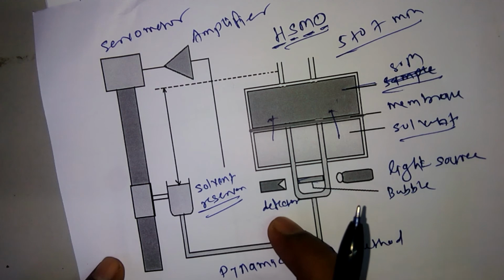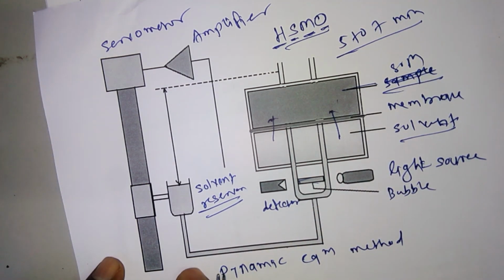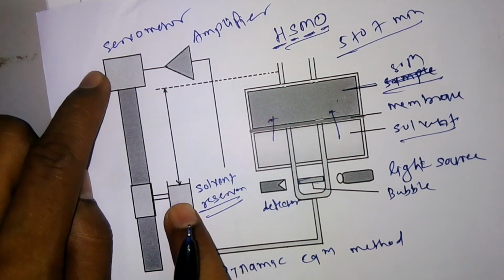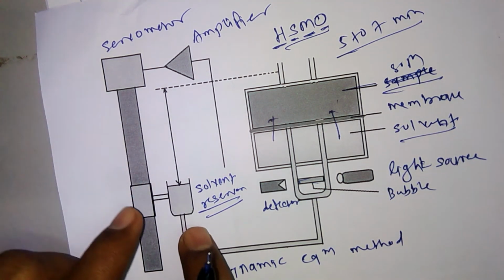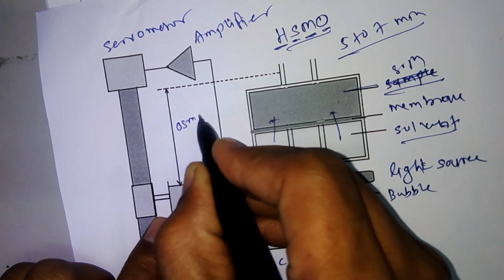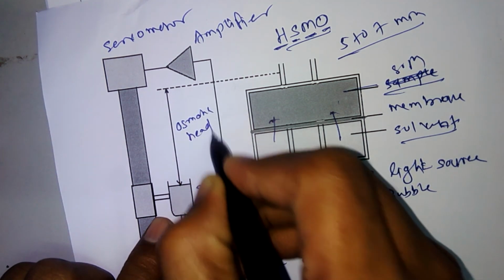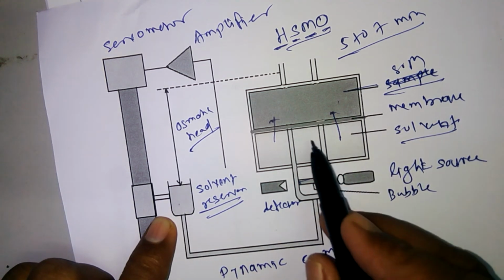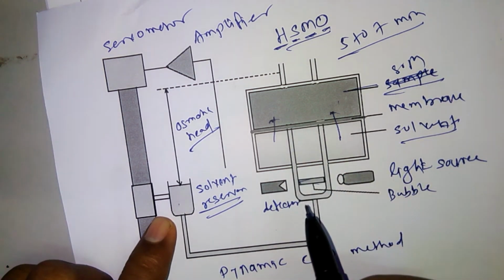It is an optical detector, and according to the level of this solvent reservoir, the servo motor helps to move it upward and downward, which maintains the osmotic head, meaning the osmotic pressure, which stops the flow of the solvent to the solution compartment.